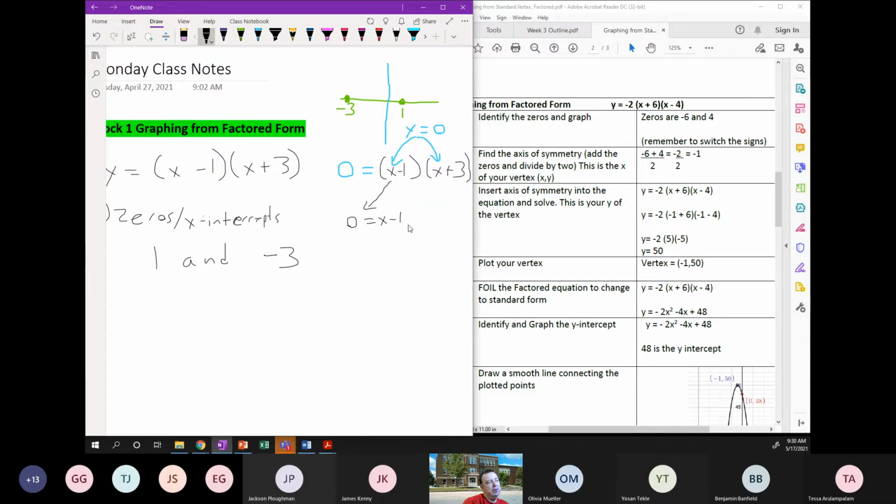So x minus 1 equals 0, and we pull this out. I'll change colors. Well, we make this equal to 0. And then we rearrange the equation. In this case, we'd move this over, and it would become 1 equals x. We move that over, and it becomes x equals -3. And there's your 2 right there.